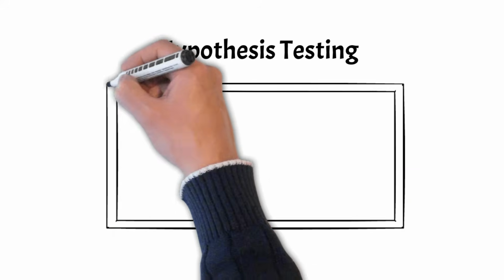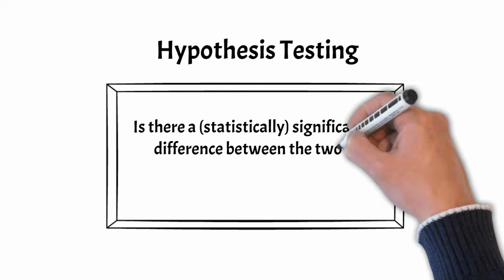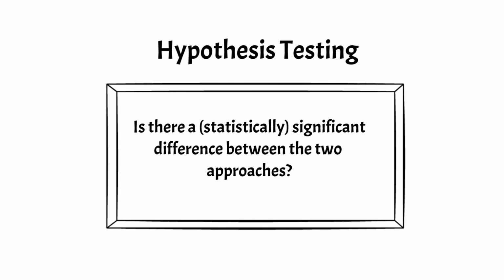Yes, it has been successful. A more formal and more convincing way of comparing the two is hypothesis testing. This statistical test determines if there is a significant difference between the two approaches or if the differences can be attributed to the inherent variability that occurs in all processes.